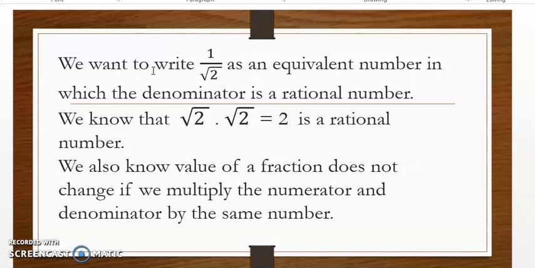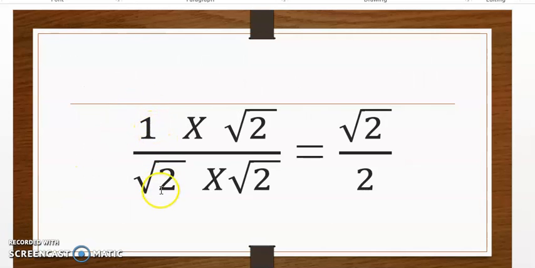And we know that root 2 into root 2 is 2, which is a rational number. So if I multiply the denominator by root 2, I can make it into a rational denominator. We also know that the value of a fraction does not change if we multiply the numerator and denominator by the same number. So I multiply the numerator and denominator by the same number, root 2.